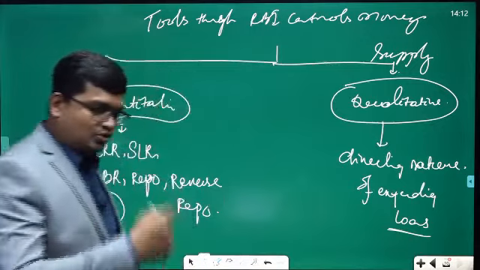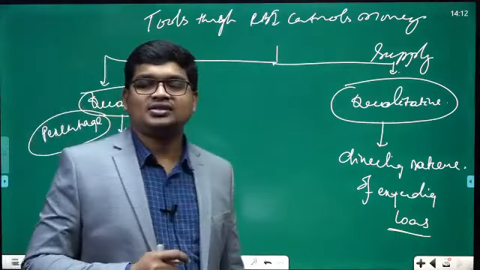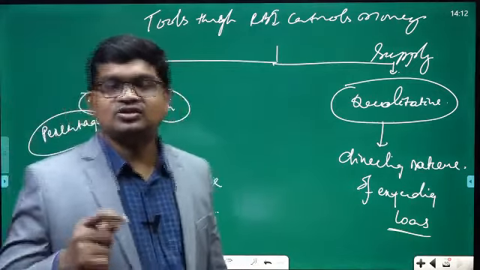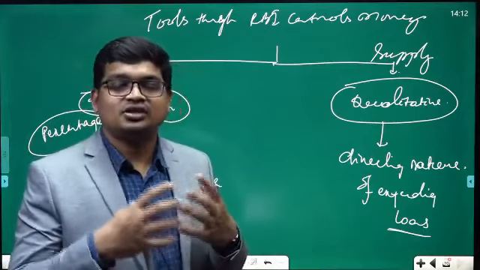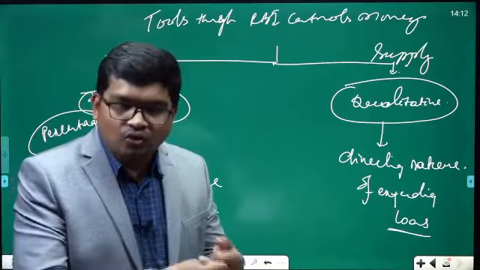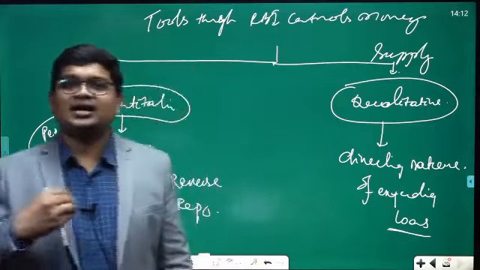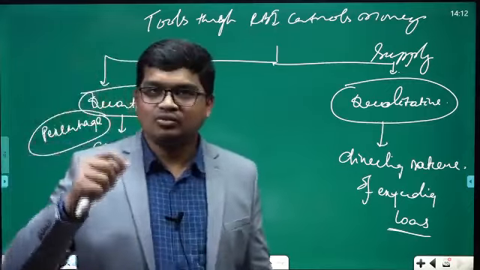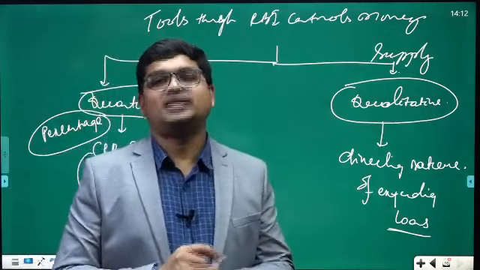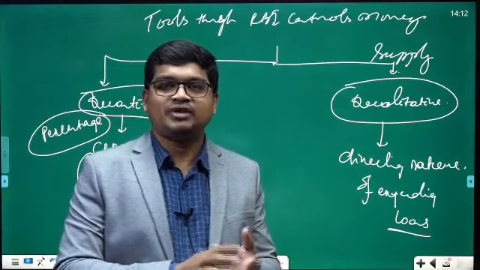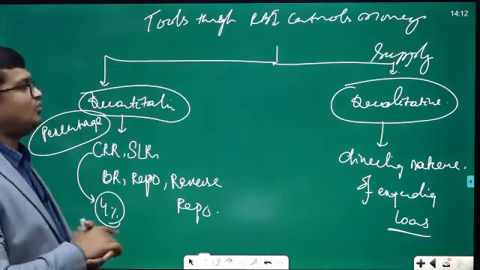I mean, what should be the nature of these lending activities or loans? In which sector commercial banks must give more loans, and in which sector commercial banks will give fewer loans, that comes under the qualitative one. So this is the difference between quantitative and qualitative.